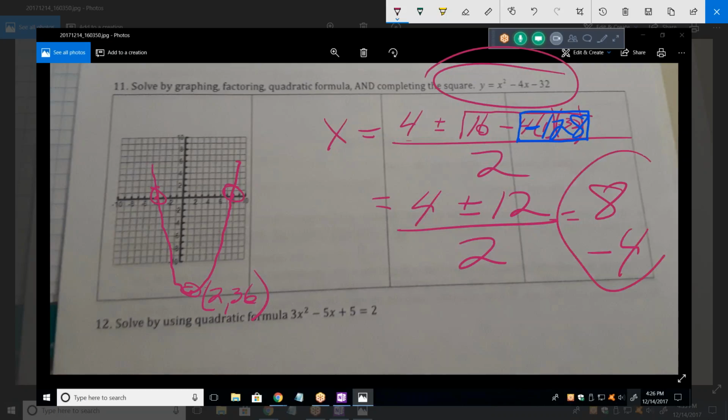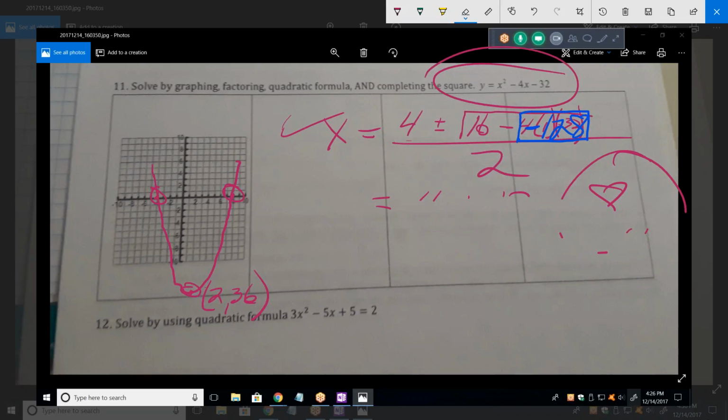Same two answers we got when we factored it to find the x-intercepts. We got 8 and negative 4. So factoring it always gives you the same answer as you get from the quadratic formula. Okay? Now we can graph it.